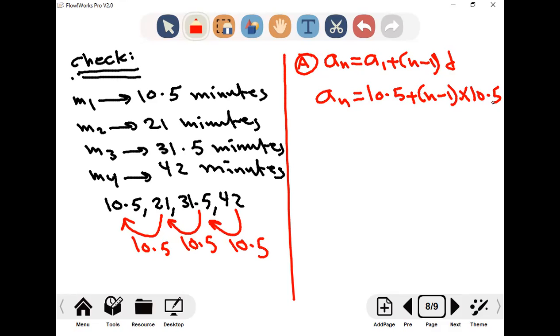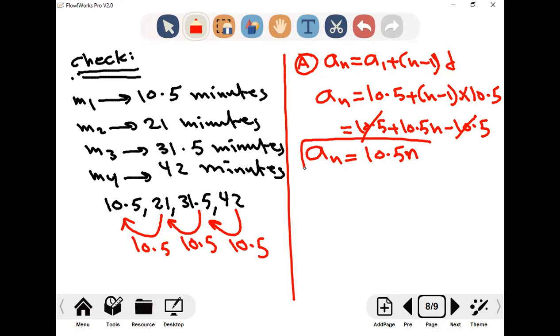Right? Simplify. Equals 10.5 plus 10.5n minus 10.5. This minus this is 0. Still 10.5 n. 10.5 minus 10.5 is 0. Check. Still 10.5n. This is part A.